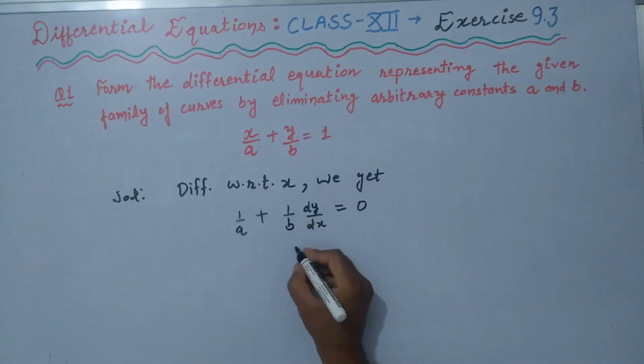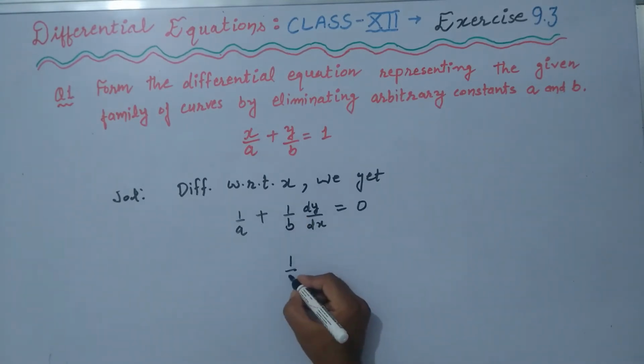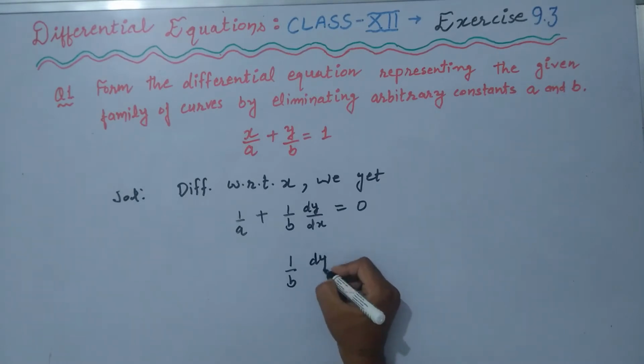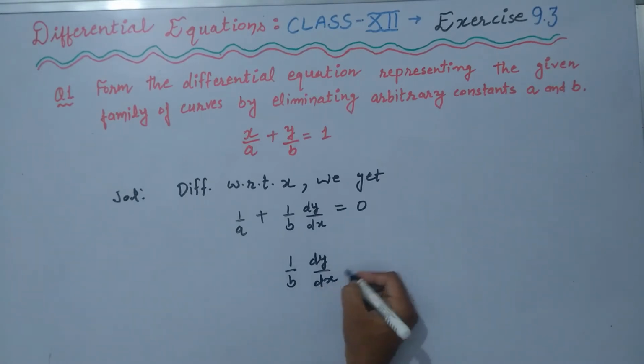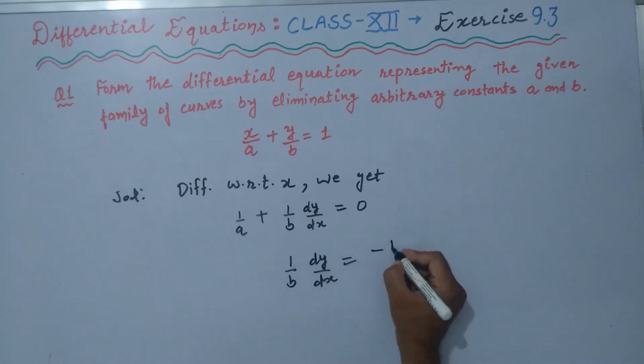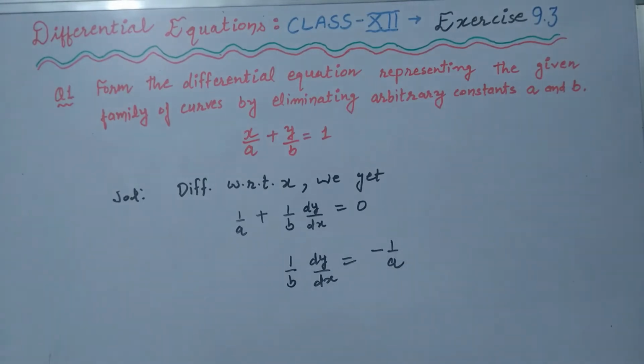So from here, 1 upon b dy upon dx is equal to minus 1 upon a, right? So thereafter we have dy upon dx is equal to minus b upon a.